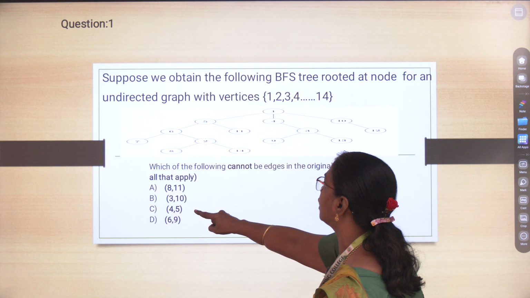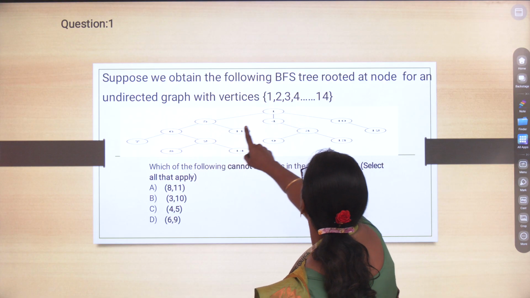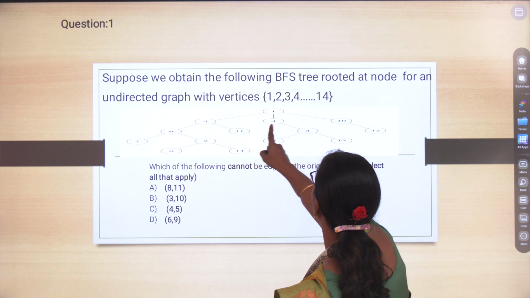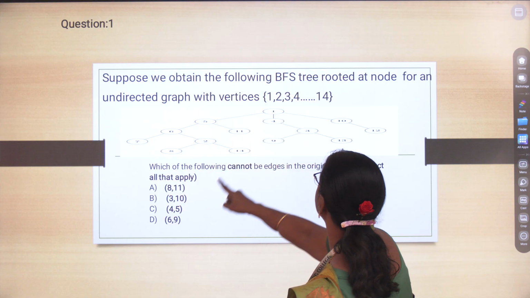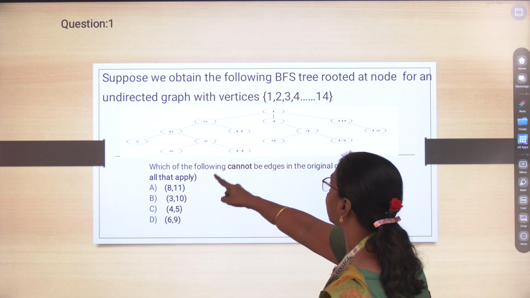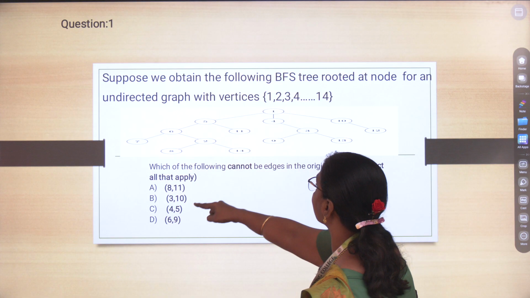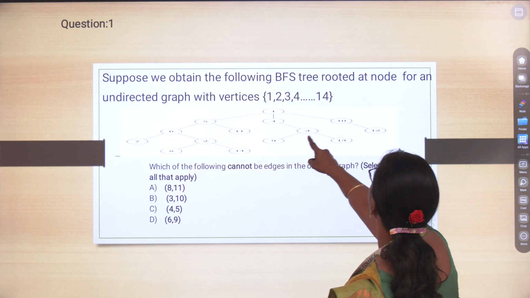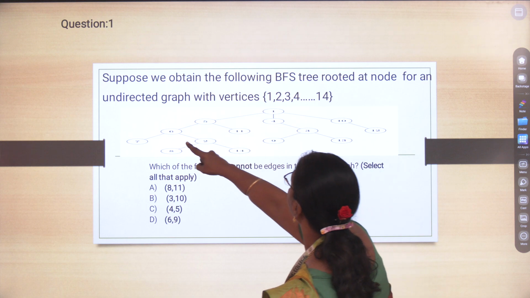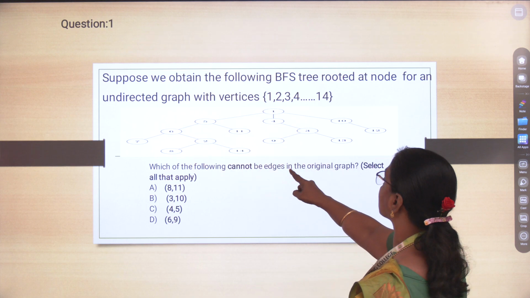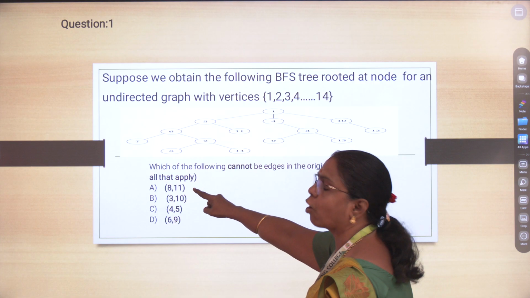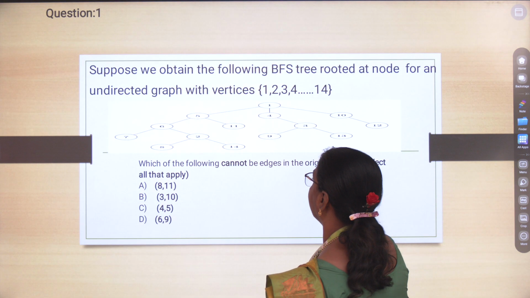Let us see the third option. Nodes 4 and 5 are connected in the same level, so this is also not possible for the original graph. Then 6 and 9 are presented, and 9 is also in the same level. So the correct answer is option A, 8 and 11.